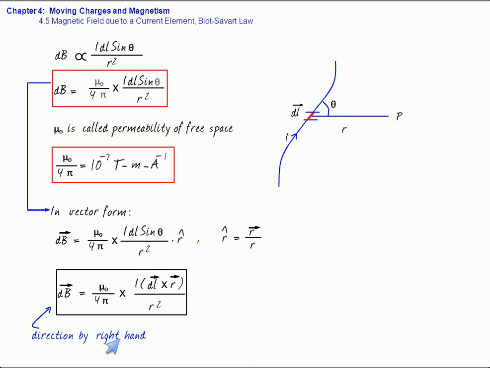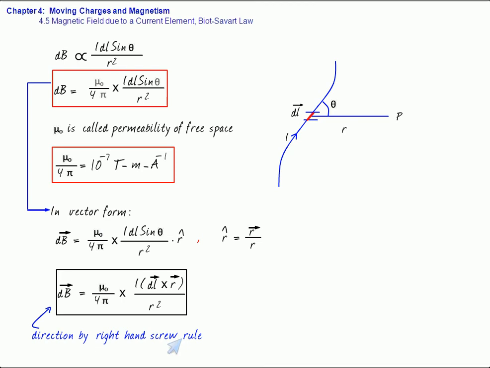Right hand screw rule we have discussed earlier also. If we rotate the screw, or if we curl the fingers of our right hand from first vector towards second vector, then thumb shows the direction of the cross product, that is the resultant vector. This is called right hand screw rule.